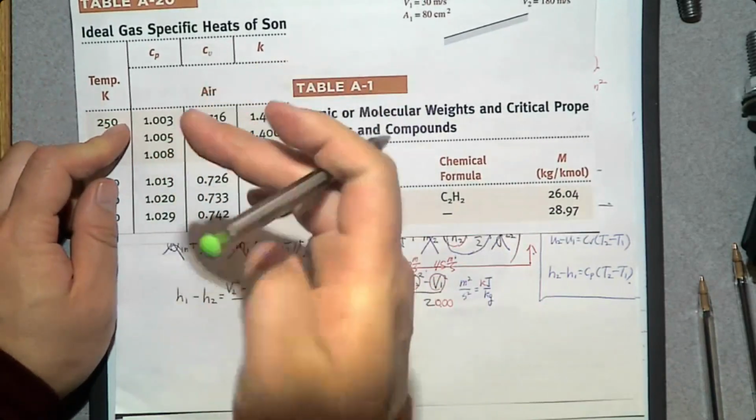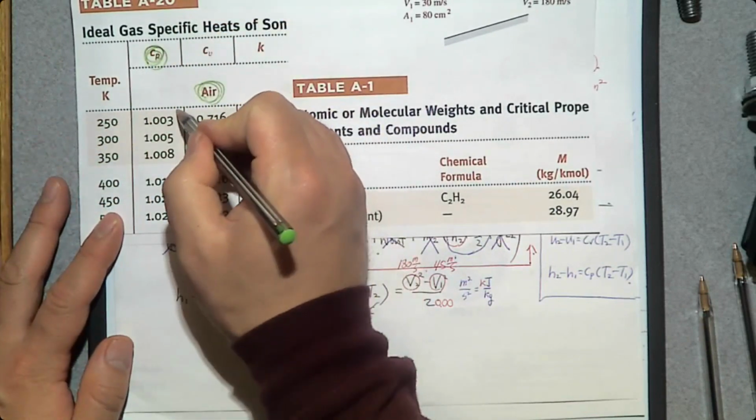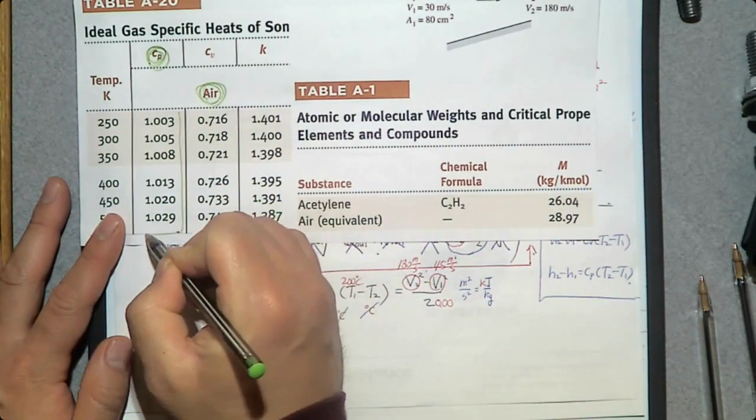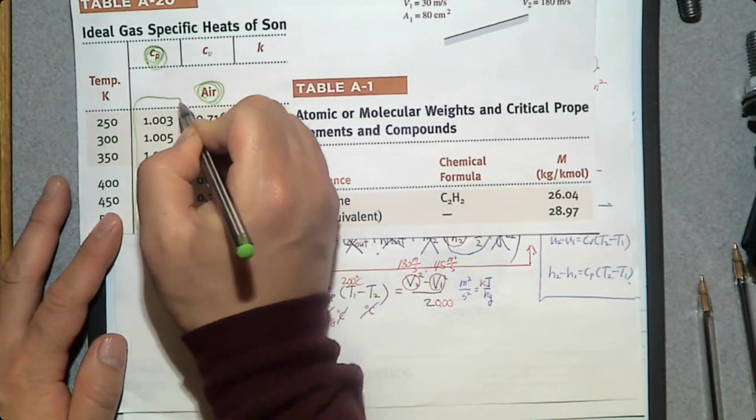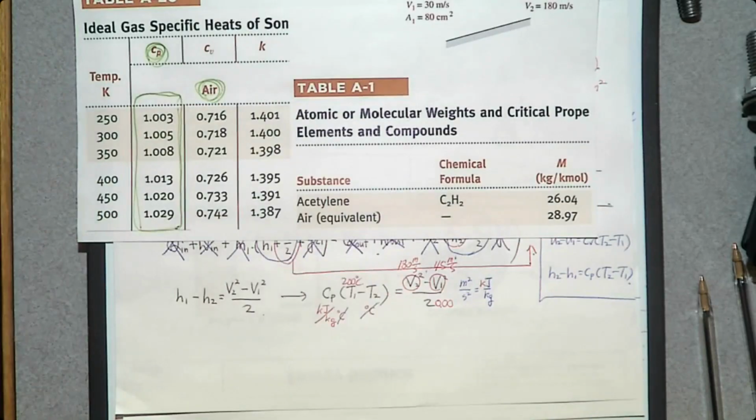Where is the CP? For air, there's a CP. So, oh wait, we were expecting just one value, and there are so many values. Why is that? Because most thermodynamic properties are temperature dependent. So we need to evaluate a specific value at the right temperature.